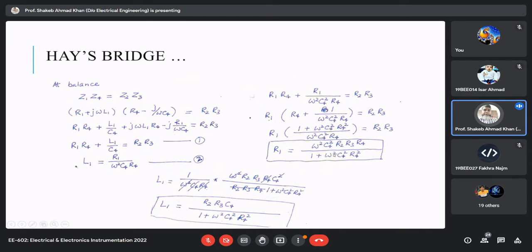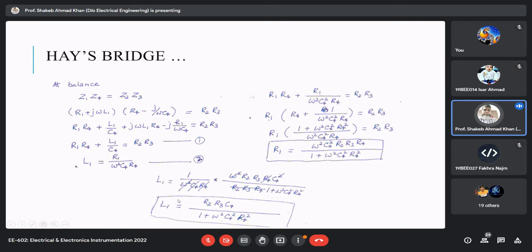Here your denominator will become 1, because if the quality factor of the coil is more than 10, then this term will become less than 1 by 100, and obviously it will be negligible. So you will only have omega square C4 square R2 R3 R4 as far as R1 is concerned.